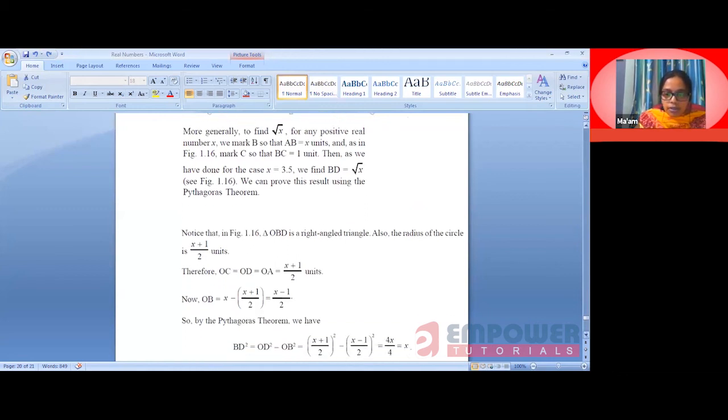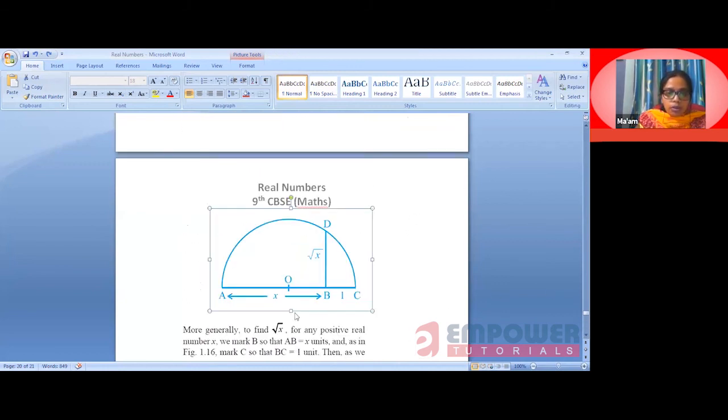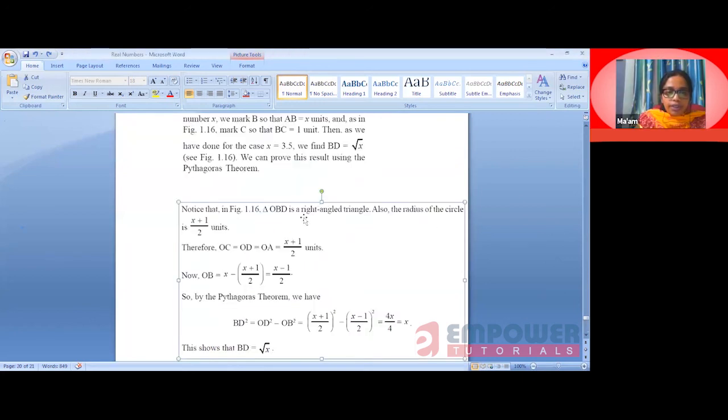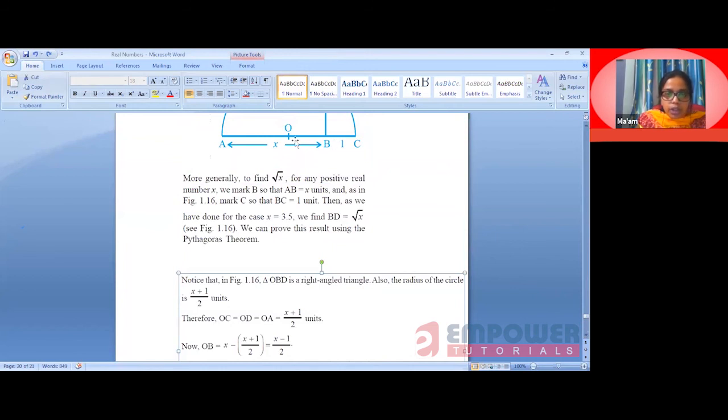If you consider OB, what does OB represent? If you want to find out the value of OB, you will take this value and subtract this value.